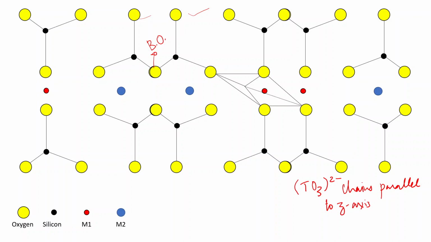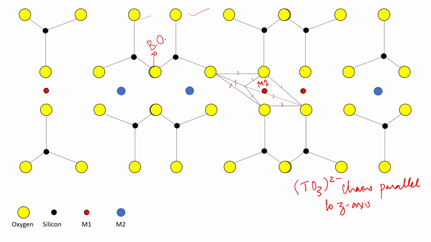So octahedral coordination comes in once we have 6 atoms surrounding another one. So look at this one. This is an M1 and it is being coordinated by the non-bridging oxygens 1, 2, 3, 4, 5, 6.